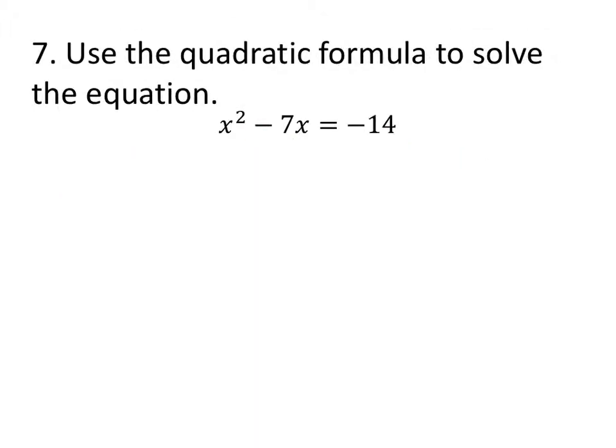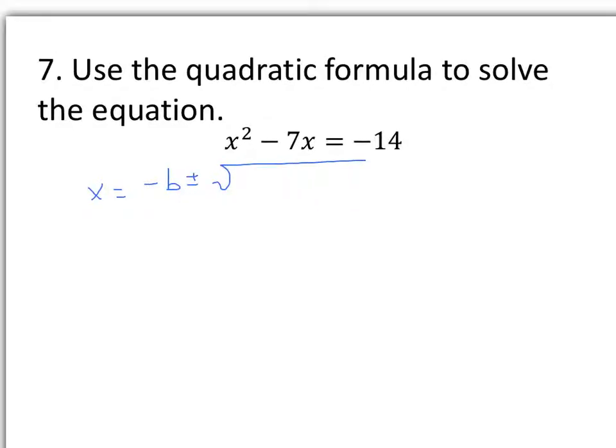Moving on, we're going to use the quadratic formula, which says that x equals negative b plus or minus the square root of b squared minus 4ac, and all of that is over 2a.